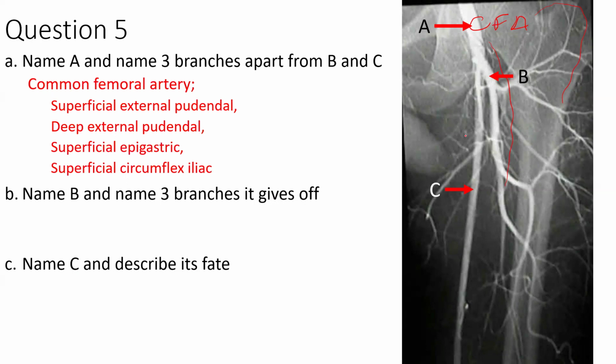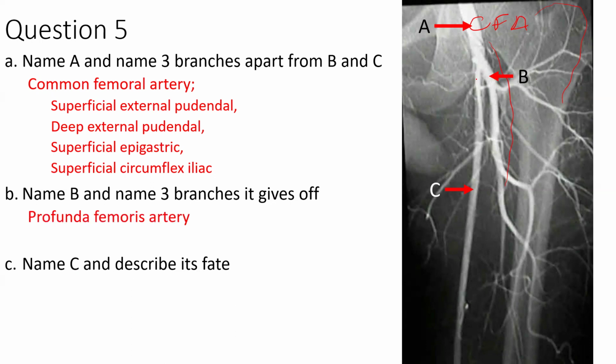Name B and three branches it gives off. So B here, you can see which takes a lateral course. You can see it has very many branches within the thigh. So B is the deep femoral artery or the profunda femoris. And what are some branches?